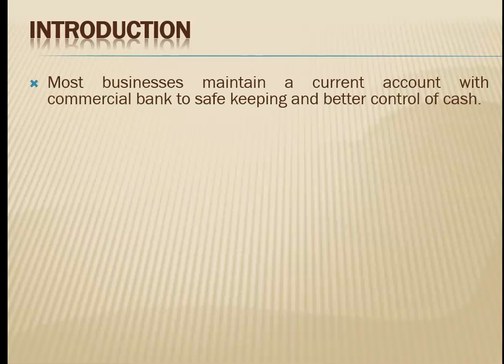First of all, I'd like to introduce to you what bank reconciliation is all about. Most businesses usually maintain a current account where they save their money, and the current account is best for them to control the cash, because cash in hand is very difficult to control, as it's subject to the risk of missing cash.